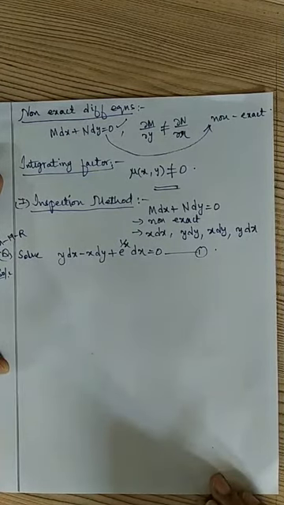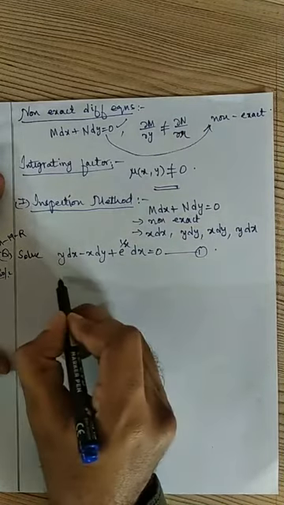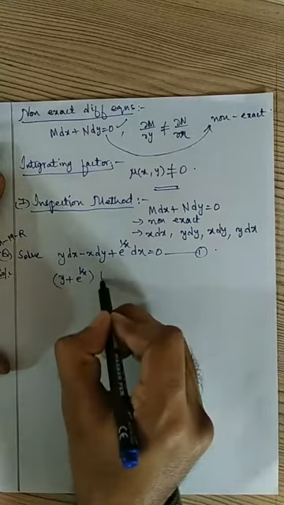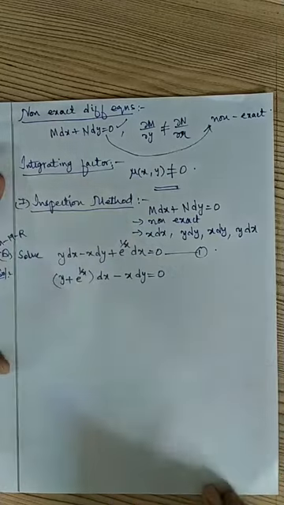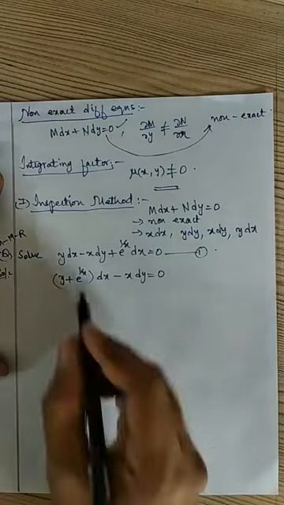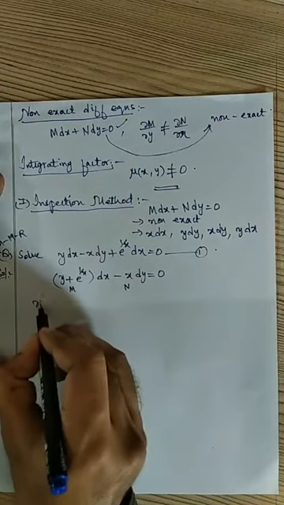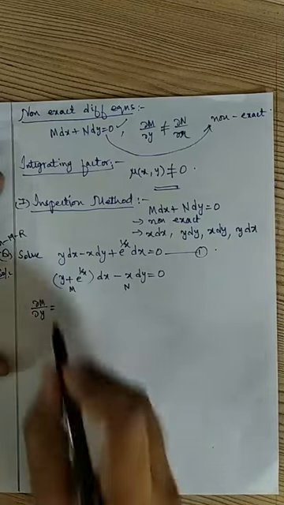First we have to check whether it is exact or not. So I can write the given equation as (y plus e power 1 by x) dx minus x dy equal to 0. Then M is this and N is minus x. Now I'll find ∂M/∂y.